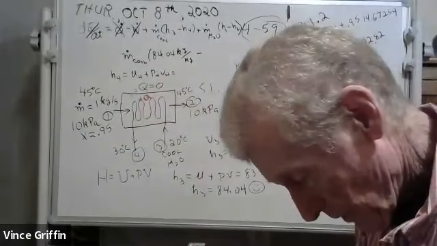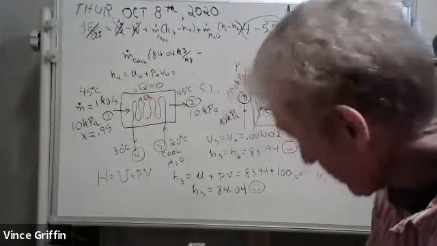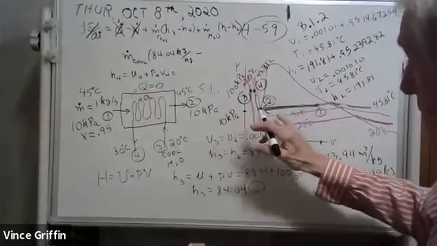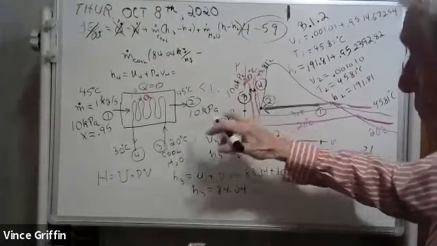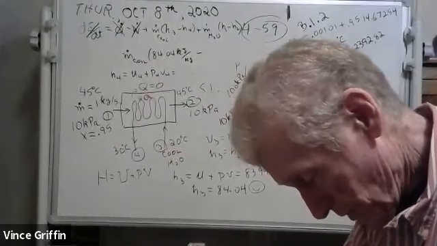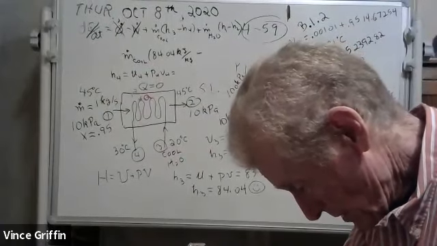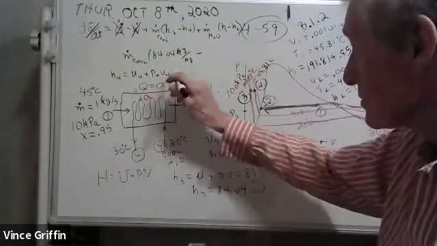We're talking about 30 degrees now, state 4 is at 30 degrees. And so U4 is, let me find it here, 125.77.